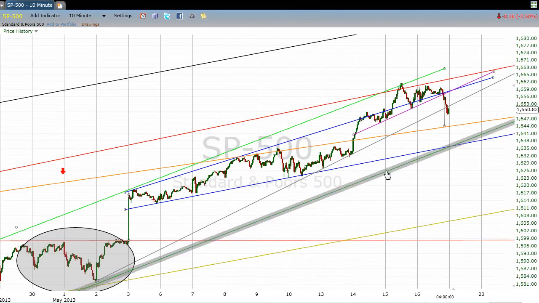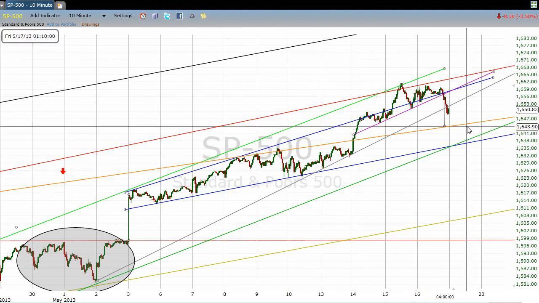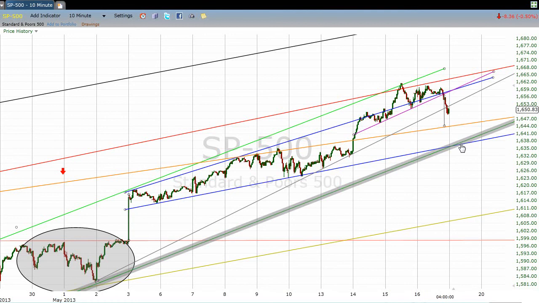And that is watching this line right here. So guys, that's about the best I can do for today. Little head and shoulders right here, pointing us down to about 1644. And if that breaks, we should find some support down a few points lower around the 1640s.